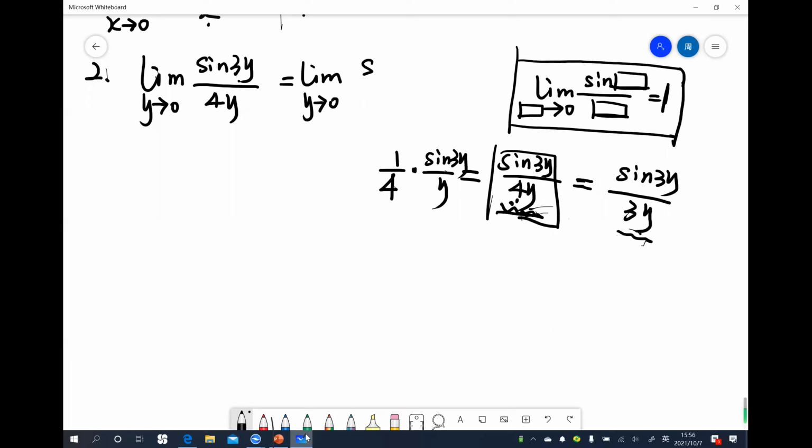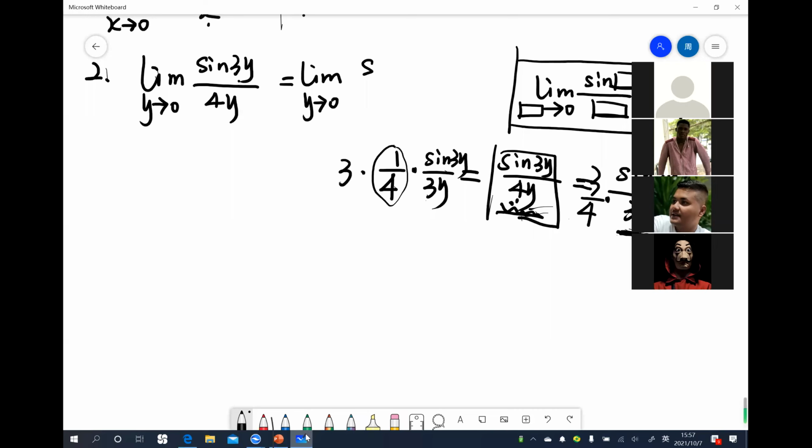So here, 1 by 4 is always here, but here I want 3y in the denominator, so I must times 3 to make it the same. So I have 3 by 4 times sine 3y by 3y. So can you understand now? Yes, teacher. Okay.